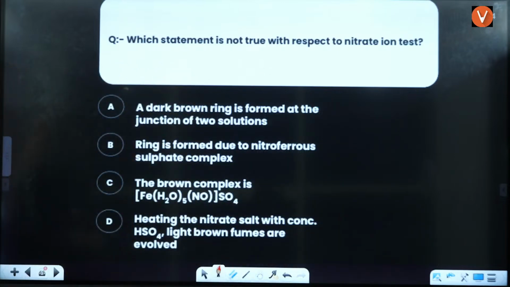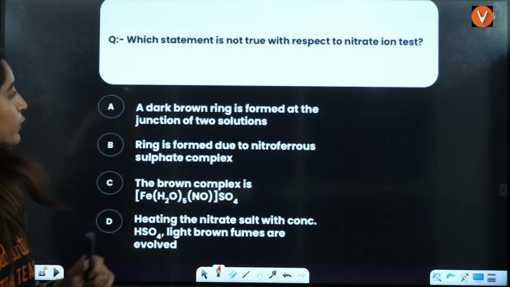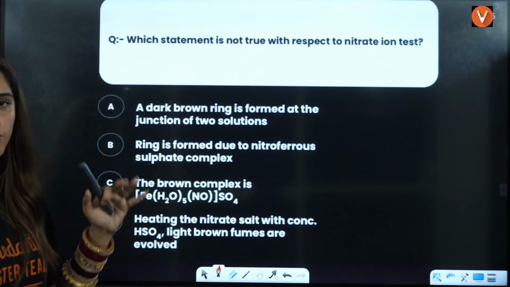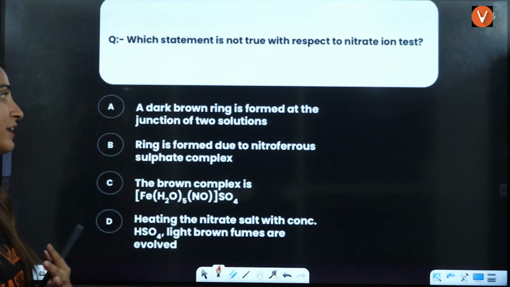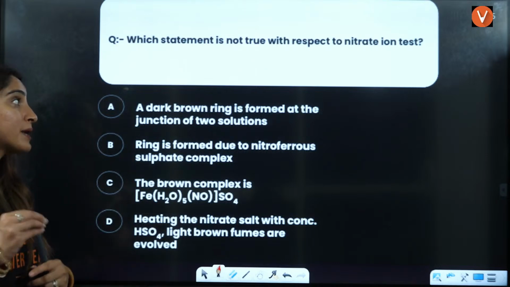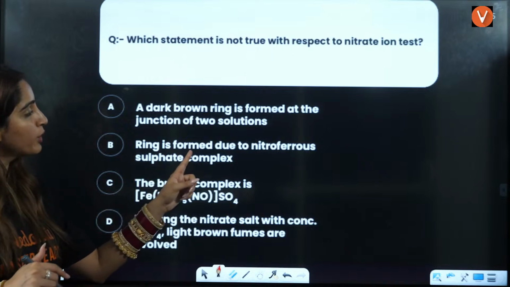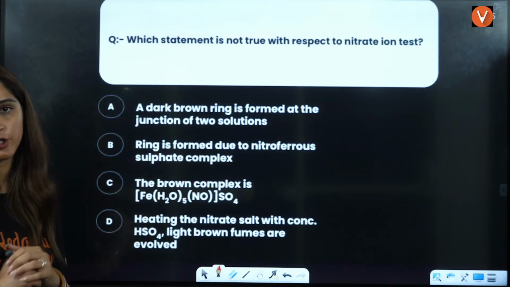With respect to the nitrate ion test, which of the following statements is not true? Yes, students. Very good. A dark brown ring is formed at the junction of 2 solutions. So in the nitrate ion test, definitely a dark brown ring is formed here, right? Next, the ring is formed due to the nitroferrous sulfate complex.